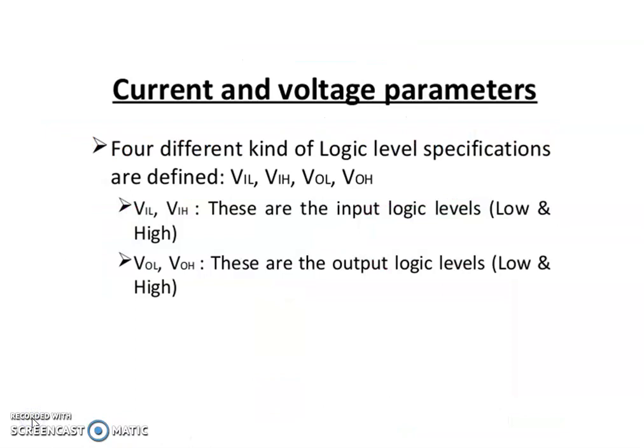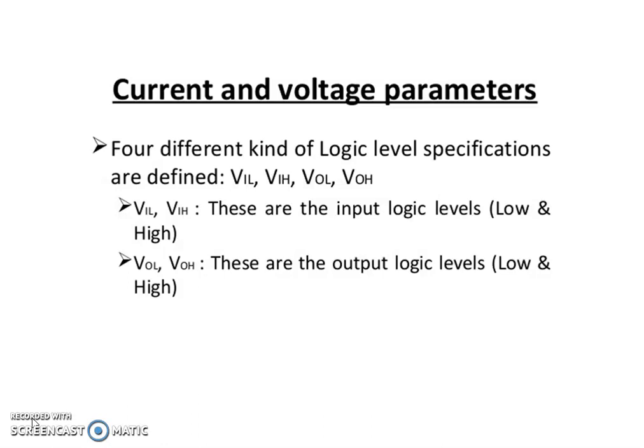Now the next characteristic is voltage and current parameters. They are divided into four types. VIL is the voltage of input logic level low, VIH is the voltage of input logic level high, VOL is the voltage of output logic level low, and VOH is the voltage of output logic level high.